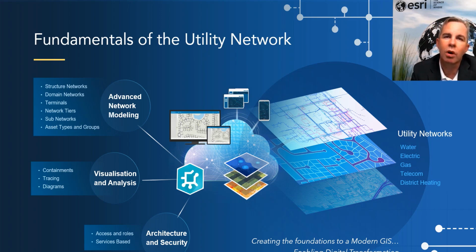It also has world-class capabilities in managing things like structure and domain networks. It allows you to model the details all the way down to the terminals. It works across network tiers and it allows you to manage subnetworks or circuits or pressure zones. And finally, it provides the model and characteristics to manage all the different asset types and the groups that exist in a modern complex network.